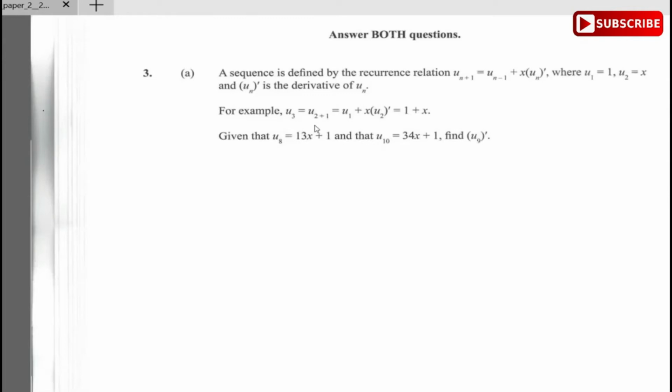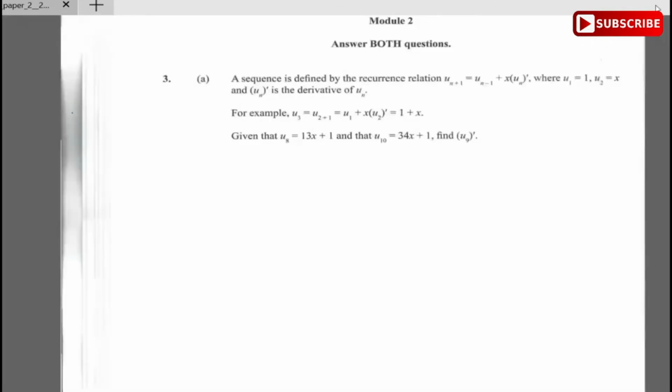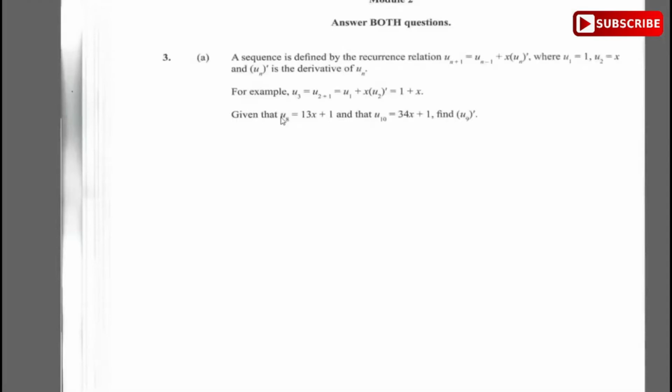For example, u3 is u2 plus 1, which is u1 plus x times un prime, which is equal to 1 plus x. So in this case, it says given that u8 is 13 plus x and u10 is 34x plus 1, find u9 prime.